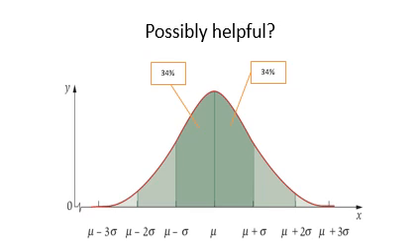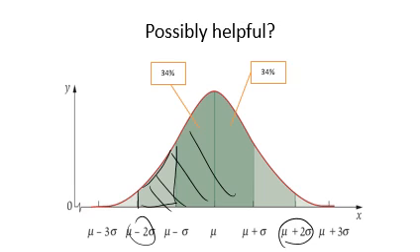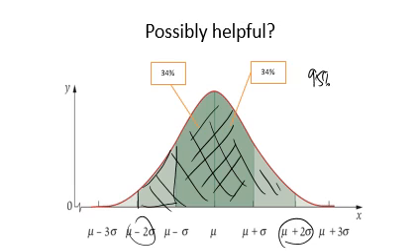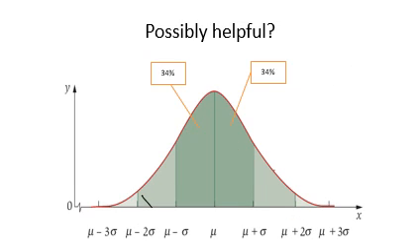Now, we're going to try and get this next part in here, which we're going to try and work out an expression for. Remember, this is our mean minus 2 standard deviations, and that's the mean plus 2 standard deviations. Remember, we know that 95% of the values are in there. So we've got 95%. Meanwhile, we know that what's in here is 68%. So we're going to minus 68 from that, and that must leave us with what's in that region and that region.